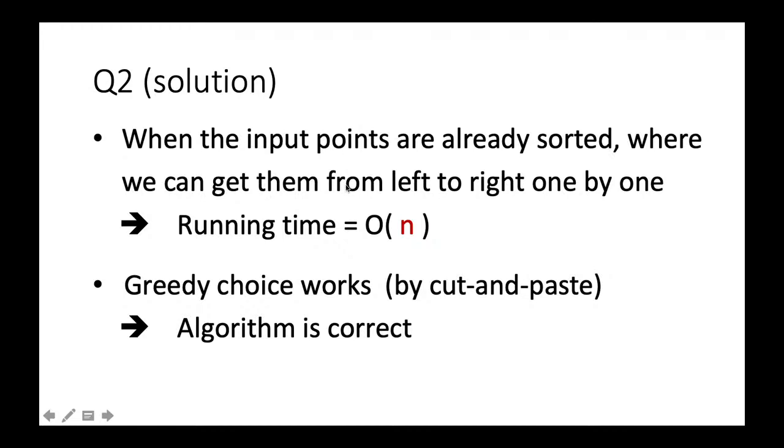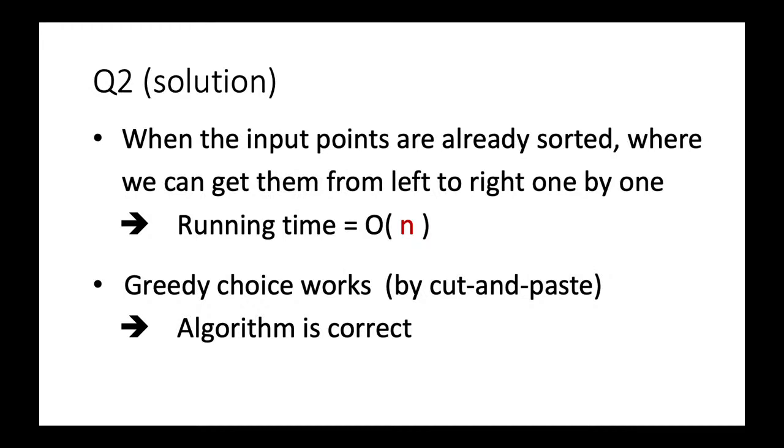Before we talk about the correctness, let us analyze the running time. In this problem, the input points are already sorted. They are given in the order from left to right, one by one. Then when we process the leftmost point, it is very easy. It just takes constant time to check whether the next point is within a distance 1 from it.